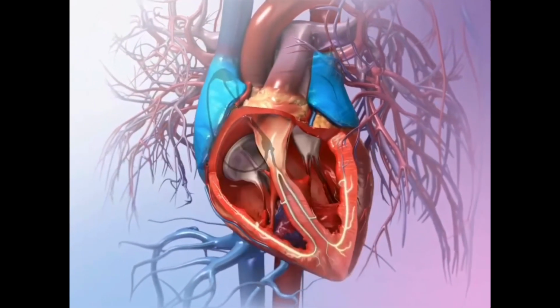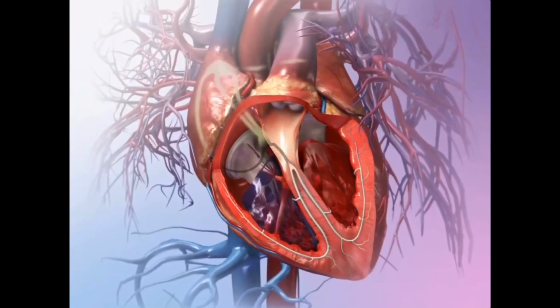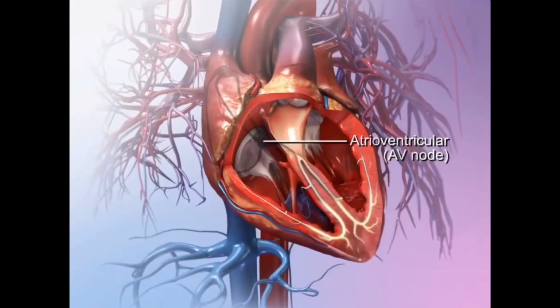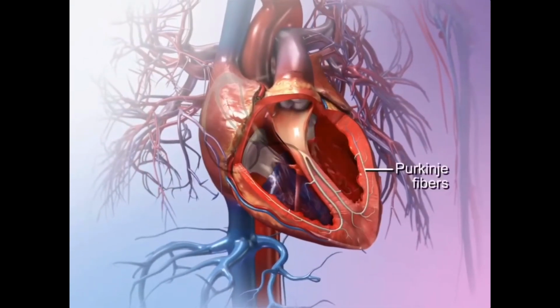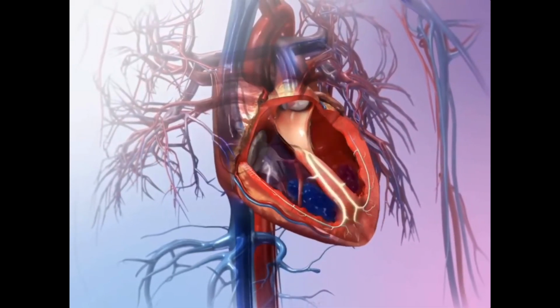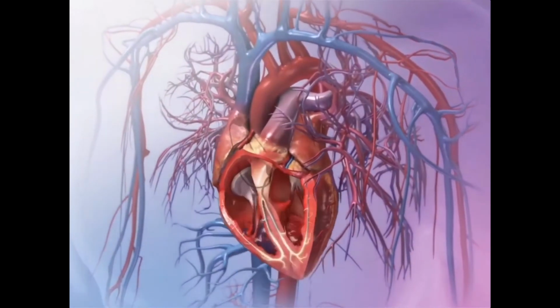And the important point here is the SA node, and that is where the natural pacemaker is. From there the electrical impulses are sent from the atrium down to the ventricles, and this is what causes the regions of the heart to contract.